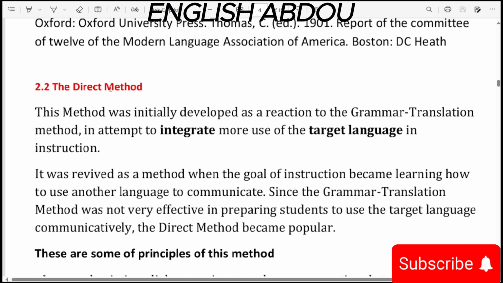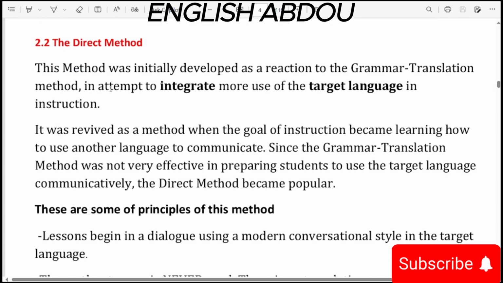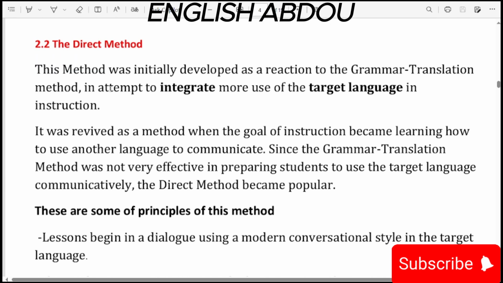So in order to understand this method, we have to look at the title. Direct means something done directly, as we see. So from its name you can see that teaching a language should be from the beginning without using the mother tongue language.